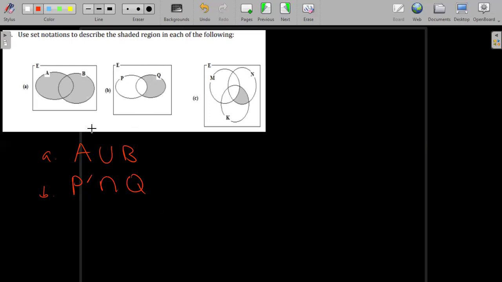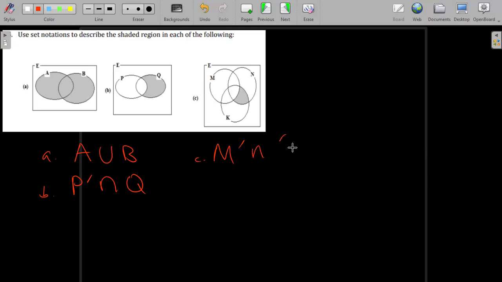Okay, so let's do part C. For part C, I have three sets, M, N, and K. And I see that what is not shaded in this case is M. It's always easier to start with what is not shaded at all. So what is not shaded is M, and that is going to be M complement.